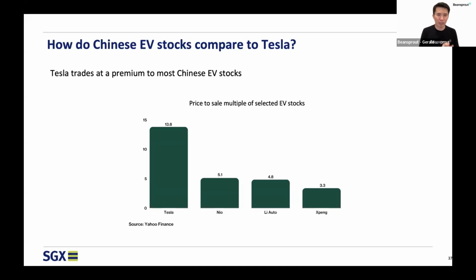But if you look at the valuation from a price to sales perspective, because some of these EV manufacturers are not profitable, so most investors might prefer to look at them from a price to sales perspective: Tesla at 14 times price to sales, NIO 5 times, Li Auto also close to 5 times, Xpeng a bit cheaper at 3 times. So investors are already reflecting the higher production volume, the better brand name, the better profitability of Tesla in the valuation as well.